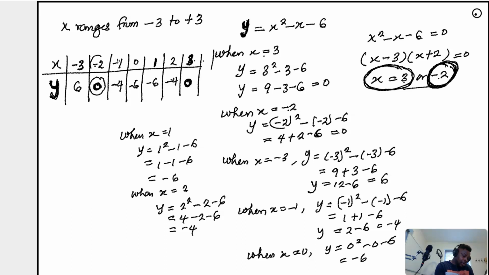So this is the root of the function. So it simply means the root of this equation, if I make it an equation as it is here, will be -2 or 3, which is what you have seen here. So this is just the way the graphical method is made.